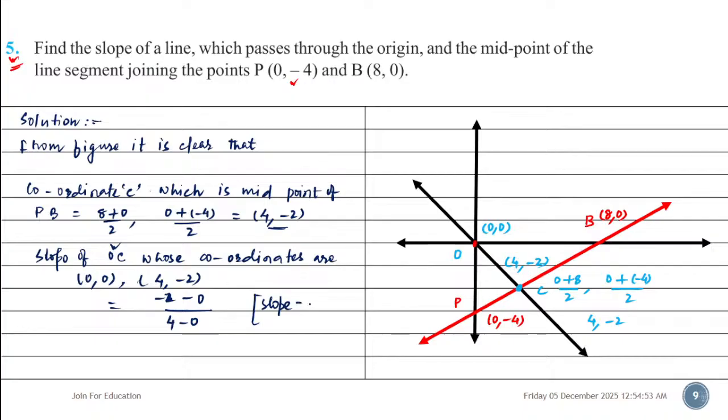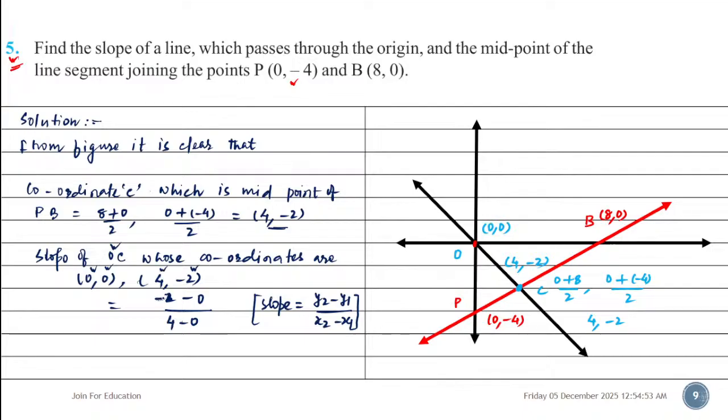slope equal to y2 minus y1 by x2 minus x1. This formula is used here. So this is the x1, this is the y1, this is the x2 and this is the y2.